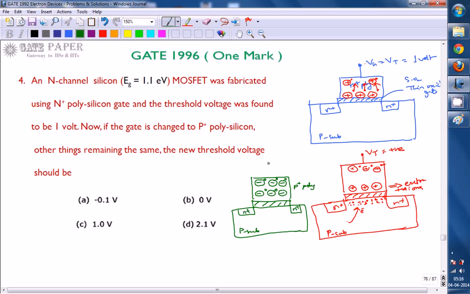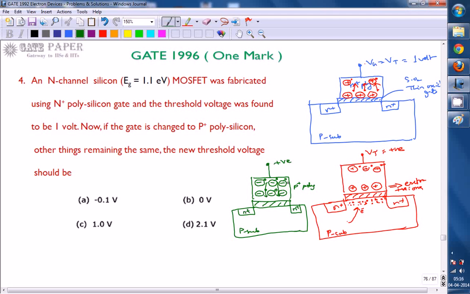Now if you apply a positive voltage, what happens in this diagram? If you apply a positive voltage across the gate, the positive voltage repels the holes. So the holes move downwards, away from the silicon dioxide gate region.